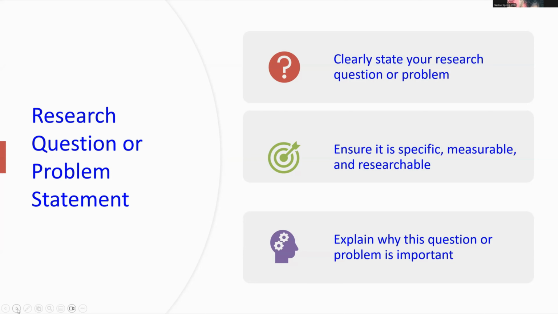This means it should be clearly defined, able to be evaluated through research, and feasible within the scope of your project. Additionally, you want to explain why this question or problem is important. Describe its relevance and significance to your field or to real-world issues. This helps to justify your project and demonstrates its value to the reader.